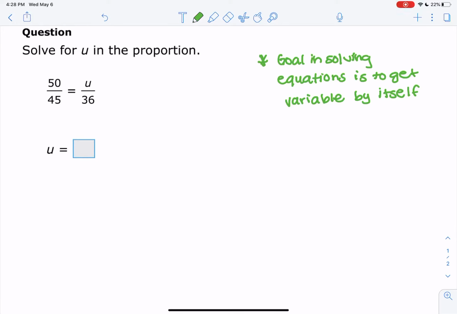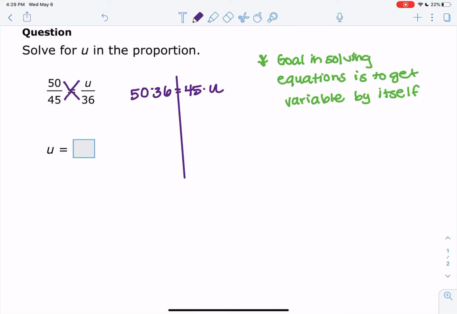So to do this, we have to use cross multiplication. I'm going to draw my X to remind me which ones I'm going to multiply together. So I'm going to do 50 times 36 equals 45 times U. All right, I'm going to draw my line in the middle to divide up the left side of the equal and then the right side of the equal.